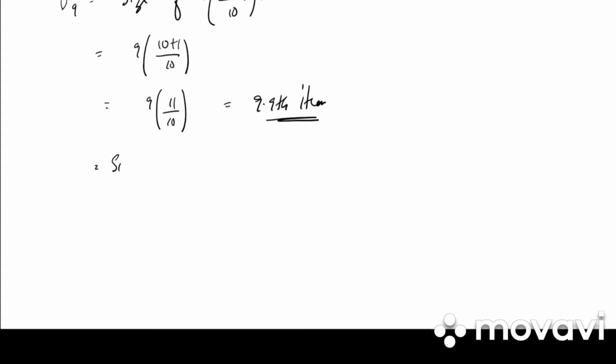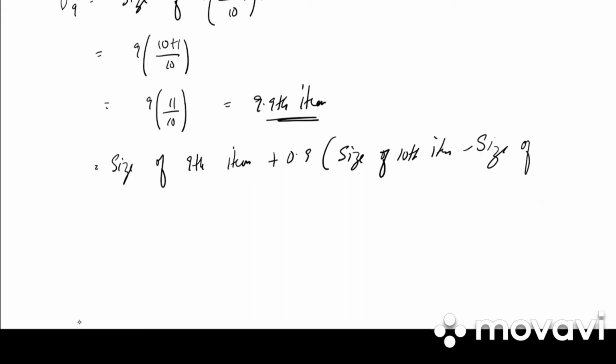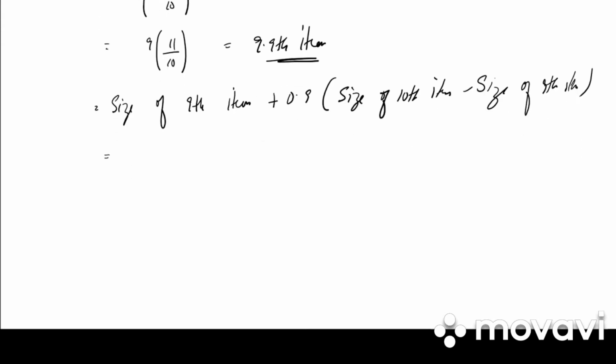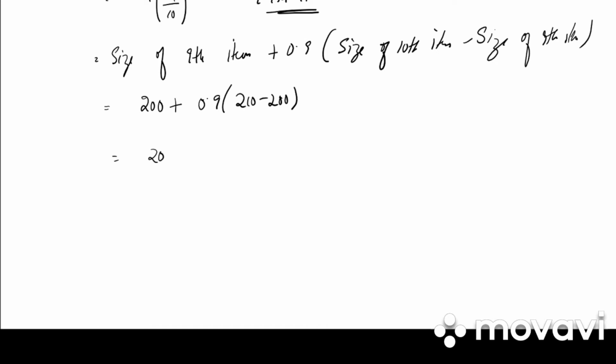So that will be size of 9th item plus 0.9 into size of 10th item minus size of 9th item. So what is size of 9th item? 200 plus 0.9 into 210 minus 200. So it will be 200 plus 9, that is 209.